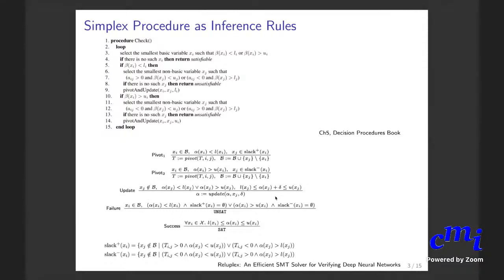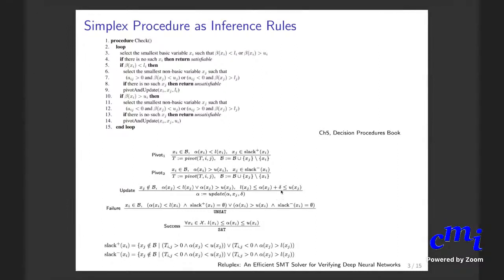The update operation is described separately. It determines the exact amount that needs to be added or subtracted from the non-basic slack variable in order to bring the violating basic variable to either its lower or upper bound.